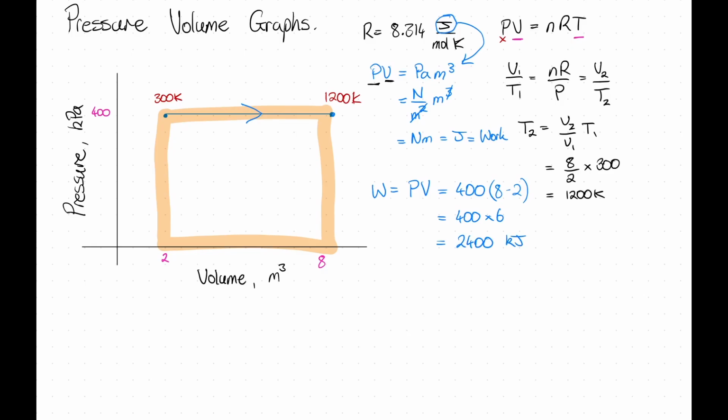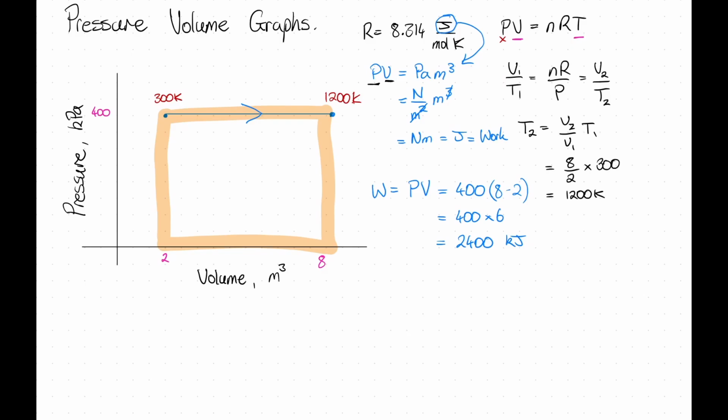Why kilojoules? Well, our vertical axis here is in kilopascals. So that means that when we applied it over here, we used pascals. The difference between pascals and kilopascals is a multiple of 1,000, so therefore we end up with 2,400 kilojoules worth of energy being done by the gas to expand from 2 meters cubed to 8 meters cubed.